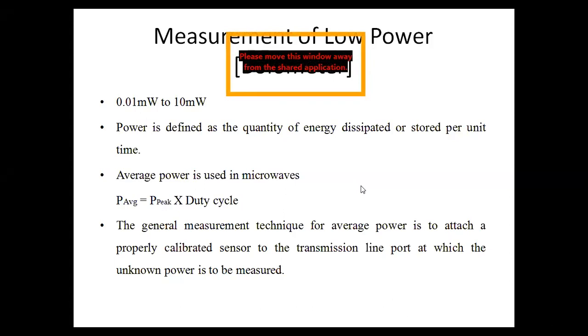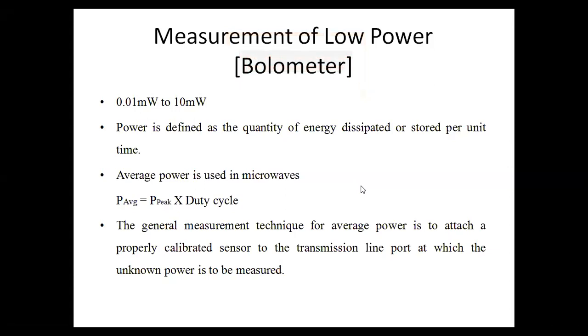That power sensor will detect the RF power, and then it gets measured using some principle. In low power, it uses bolometer, and in high power, it uses certain other techniques. So based on these techniques, the power can be measured.